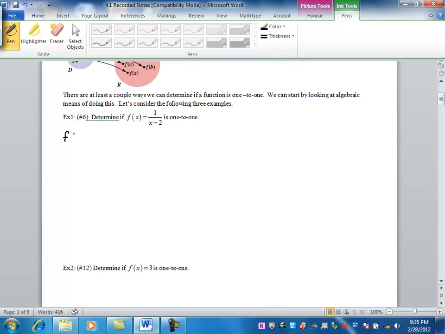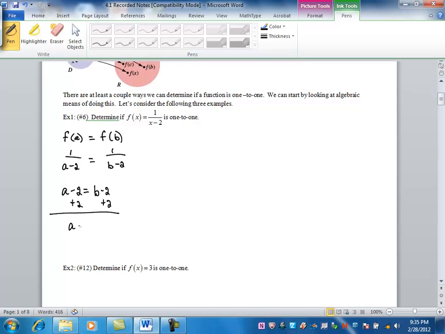I'm going to consider f of a, and I'm going to assume that it's equal to f of b. So this is 1 over a minus 2, and this is 1 over b minus 2. Now we know the 1's are the same, so all I've got to worry about is making a minus 2 equal to b minus 2.